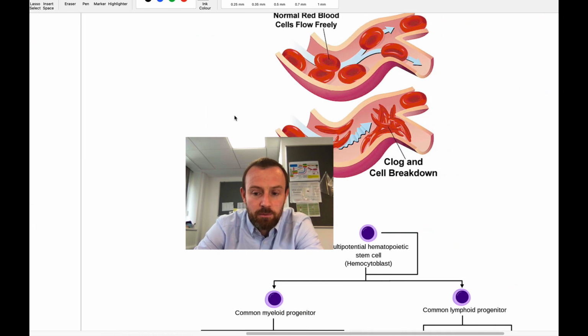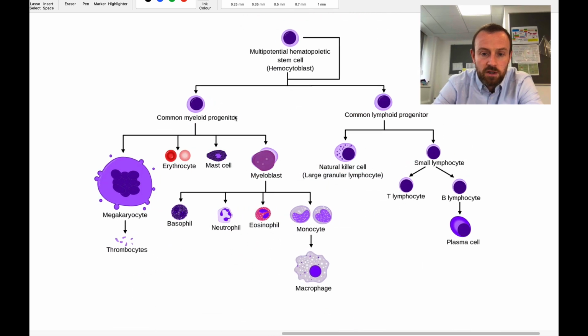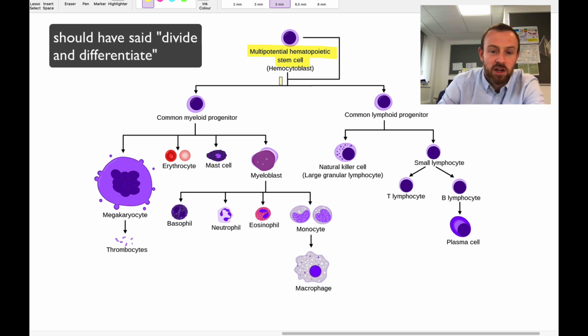But I wanted to show you this picture as well, just to go a little further on this concept of a stem cell. This is the hematopoietic stem cell that can differentiate into lots of different cell types. The ones that we're looking for in this specific disease are the red blood cells, the erythrocytes, but bone marrow transplants can also be used to treat leukemia, for example.